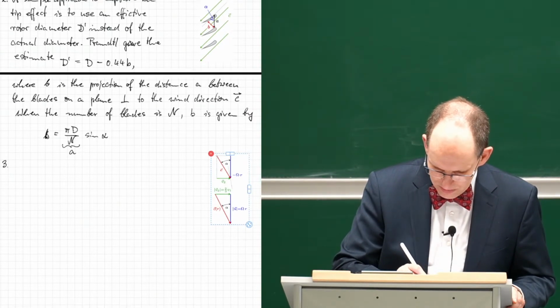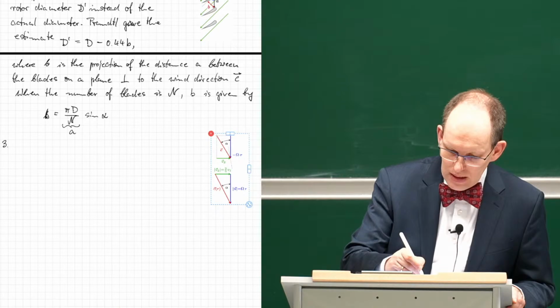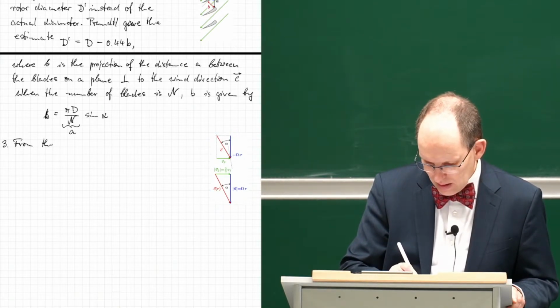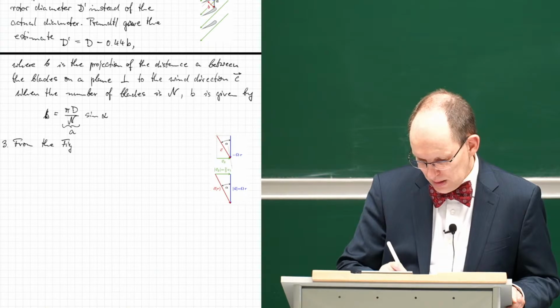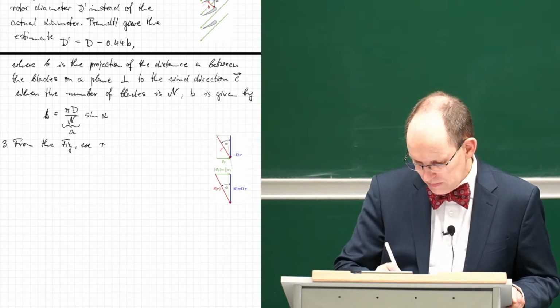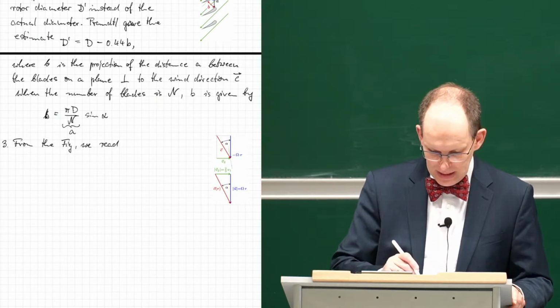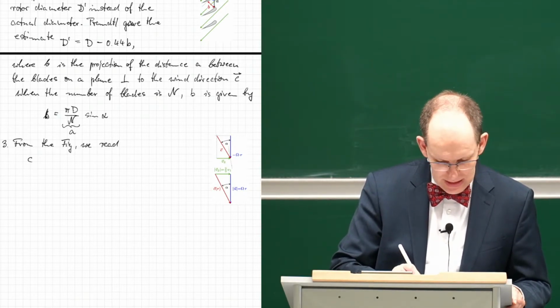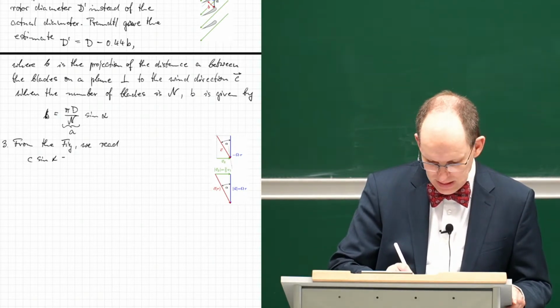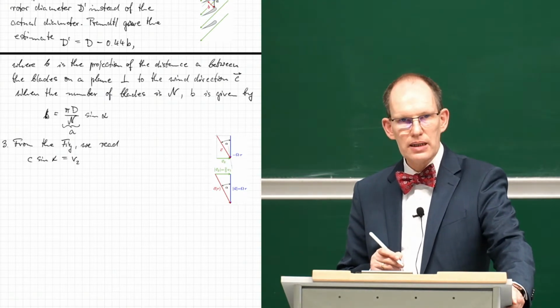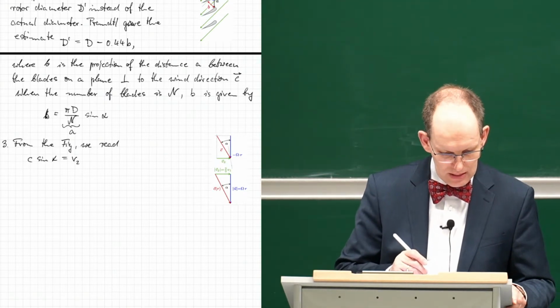So from the figure, we read an expression that we already had, namely that C times the sine of alpha is equal to V2, the wind speed at the rotor plane.